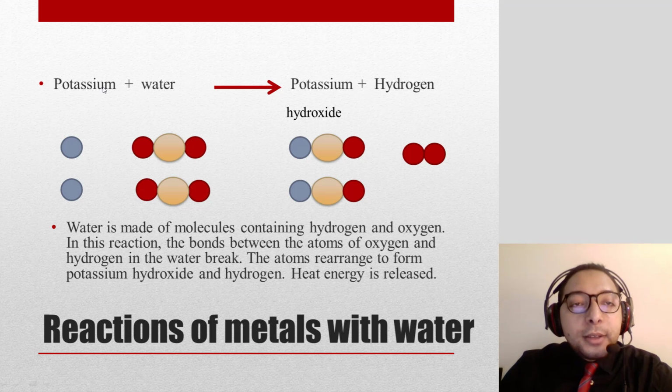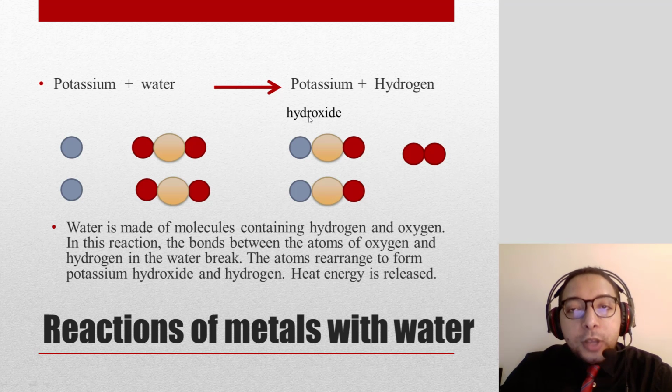So potassium is a metal, as you can see. It has 2 atoms. Water has oxygen along with hydrogens. When potassium reacts with water, it is going to produce potassium hydroxide along with hydrogen.